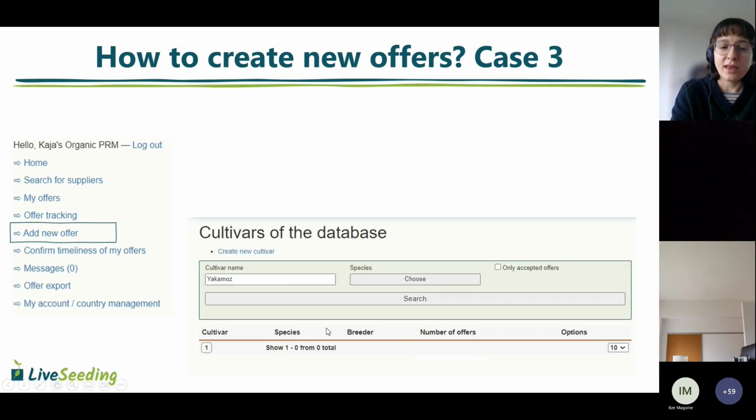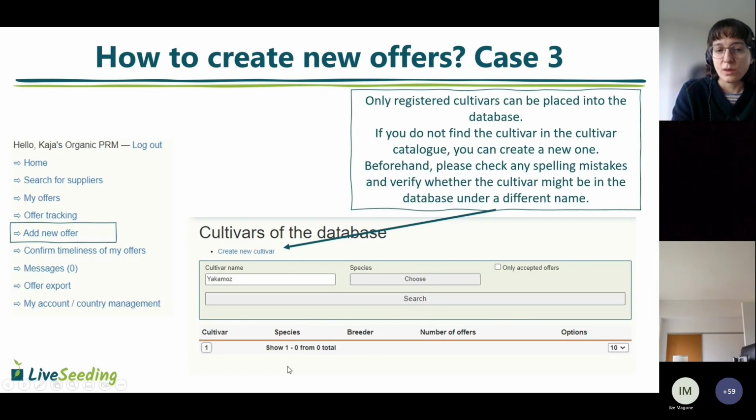Now we have the third case where you look for a cultivar, but you don't find it in the cultivar catalog yet. Then before you click on Create New Cultivar, I advise you to check the spelling, or maybe also check whether the cultivar that you want to offer is maybe saved under a slightly different cultivar name, so that we avoid double entries.